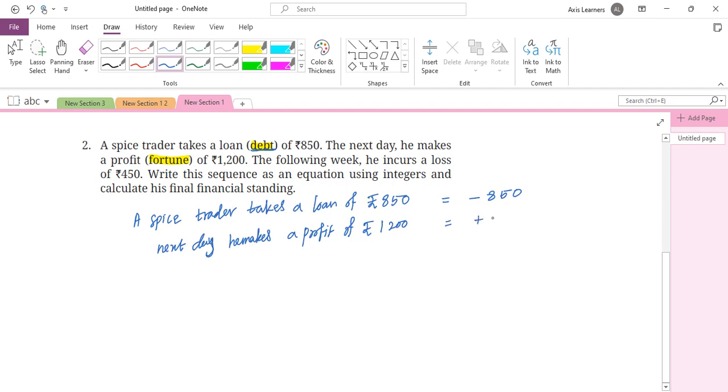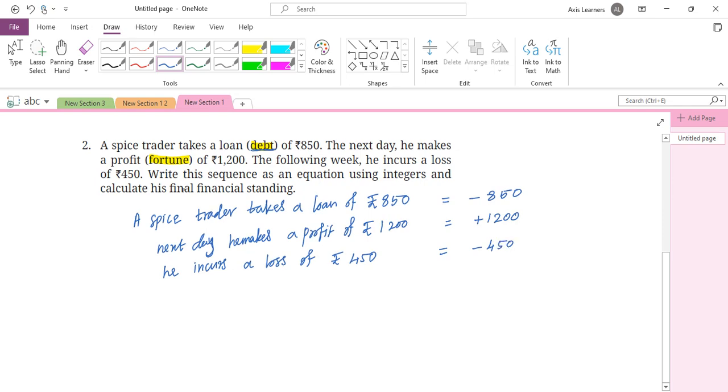So it will be represented as a positive number. Again he incurs a loss of rupees 450. Loss is represented by a negative number.